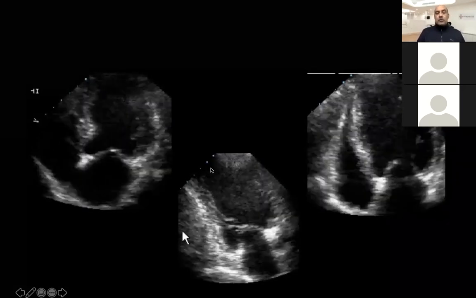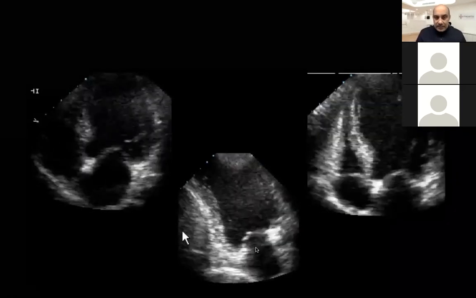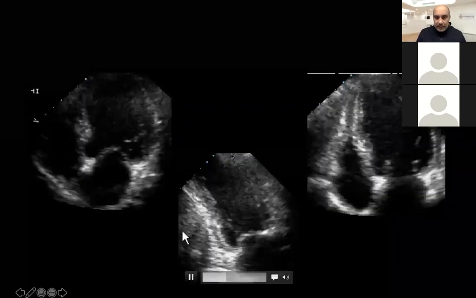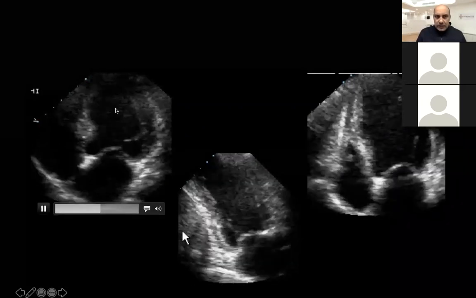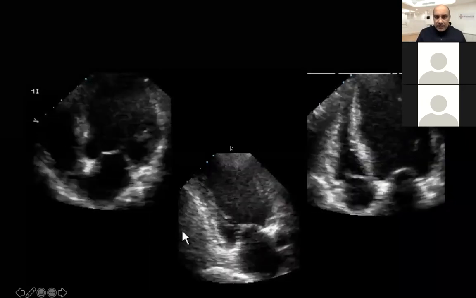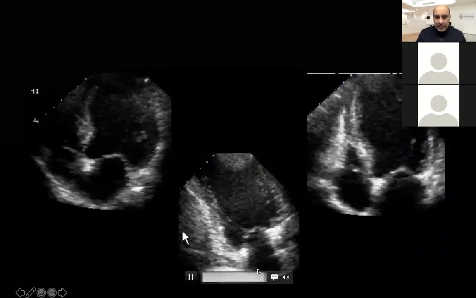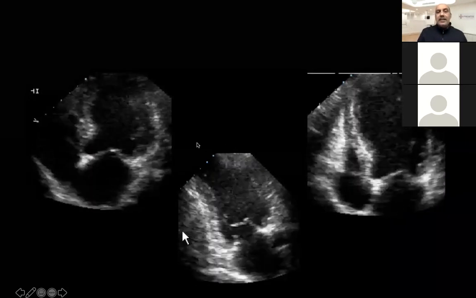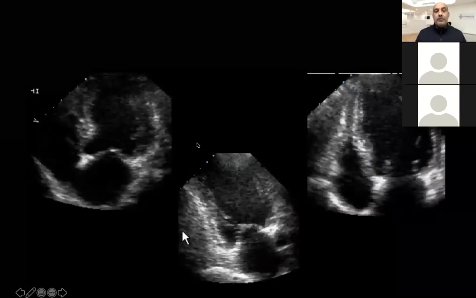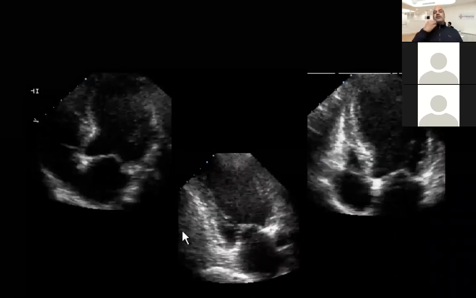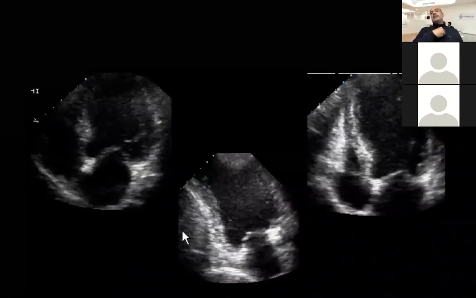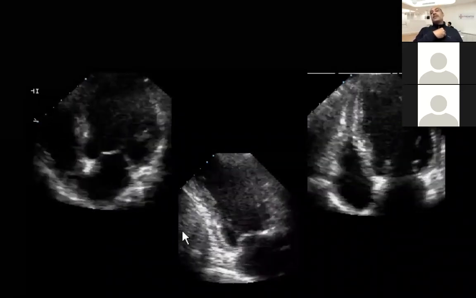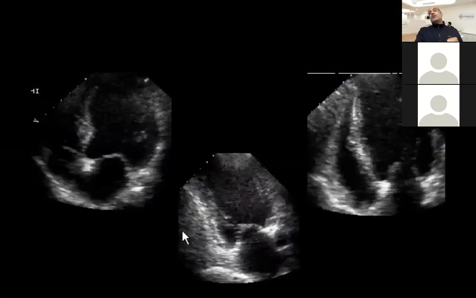One of the ways to look at it and confirm is we are looking at the tip here. So in this particular segment, the tip of the transducer is here and cutting the ventricle like this. The apex, which is out of the transducer focus, is something which is a very common error. And this happens because we are in the habit of starting the transducer from the parasternal long axis view, and then we go to the apex.